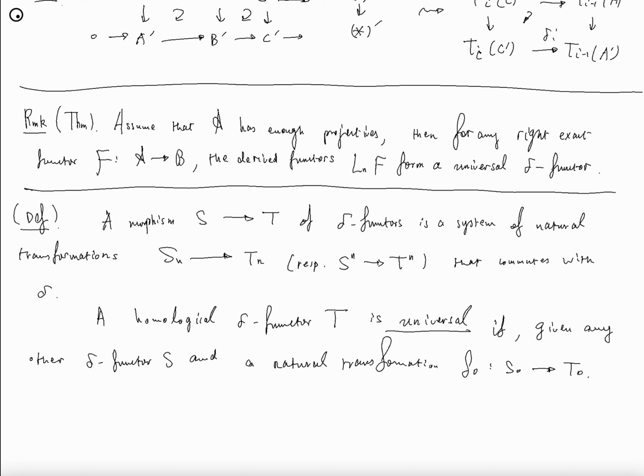So think of homology as a delta functor. This is telling you that if you have the first homology group and the second, if you have a morphism between the first homology groups, then it extends uniquely to the morphism between all the homology groups, if it is universal at the beginning.